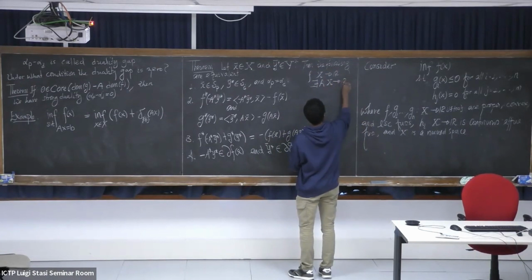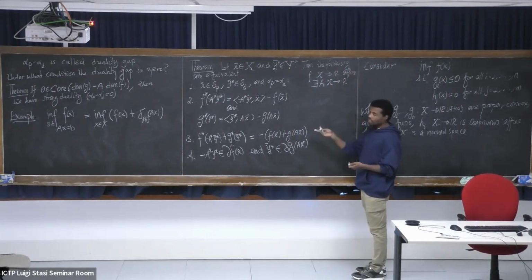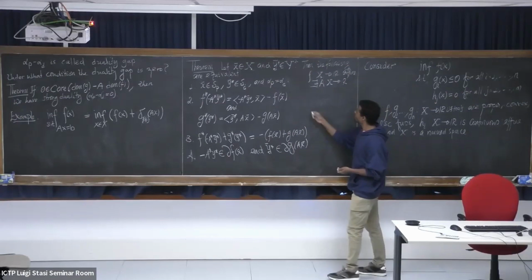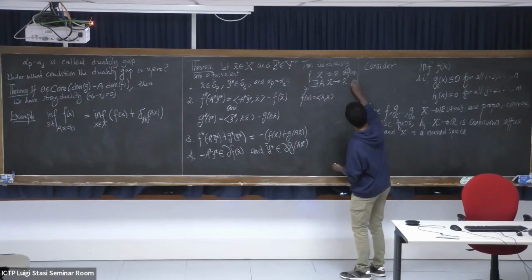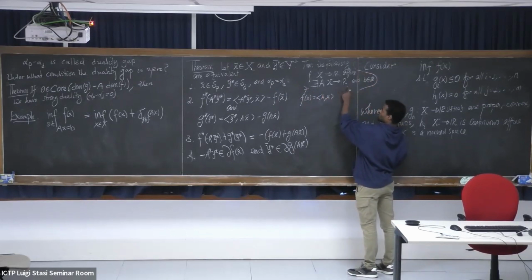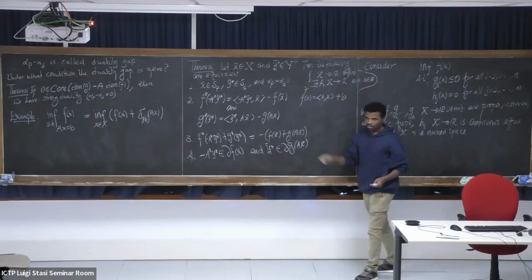This is affine if there exists a linear operator A from X to R such that f of x is given by A x plus b, where b is an element of R. There exists a linear operator and a point b in R, so it can be written this way.